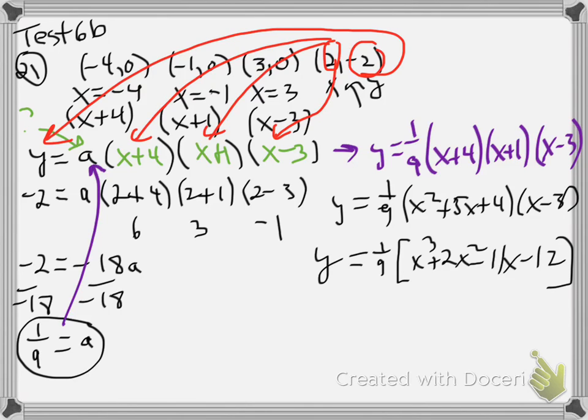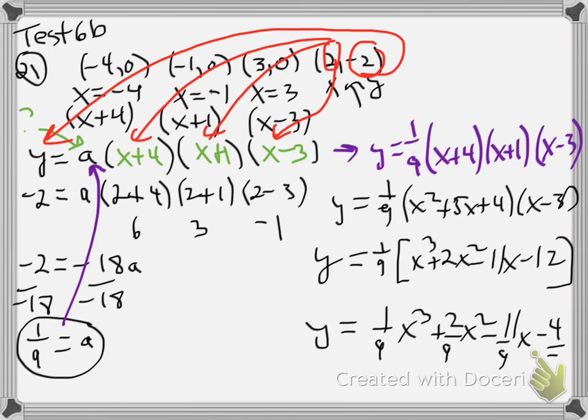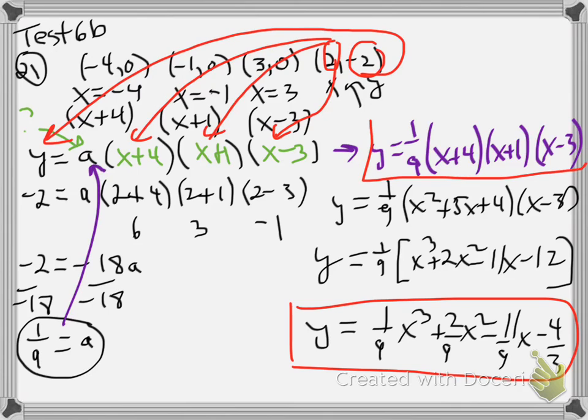Then that changes it into y equals 1/9 x cubed plus 2/9 x squared minus 11/9 x, and then 12/9 is -4/3. So that also works. That would be a lot longer than this. You can stop right there at where the purple was.